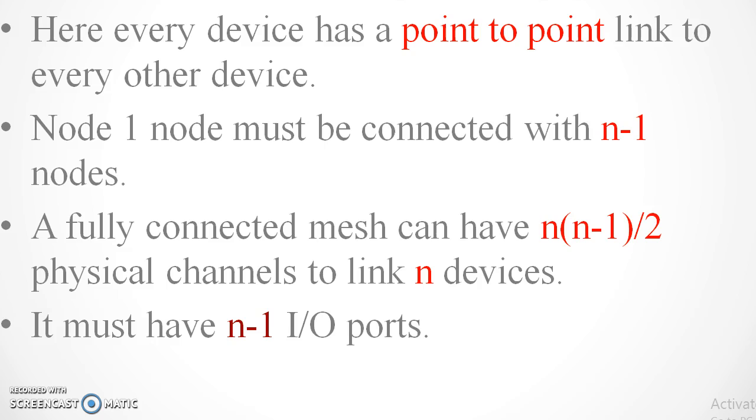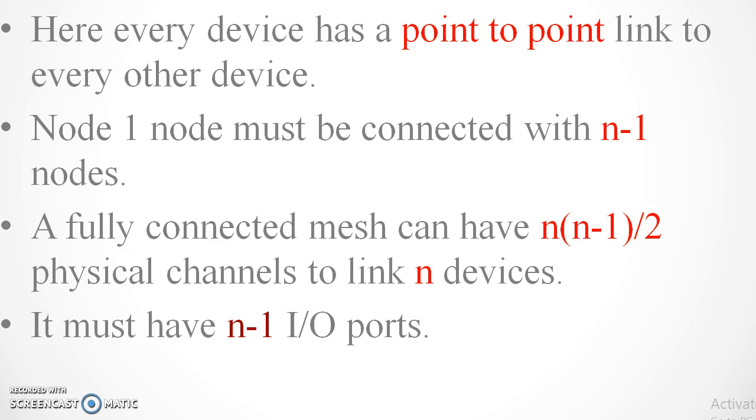Every device has a point-to-point link with another device on the network. That means node 1 must be connected to n-1 nodes. In case of a fully connected mesh, we can have n(n-1)/2 physical channels to link n devices. And all these devices will have n-1 input-output ports. That is what we mean by a mesh topology.